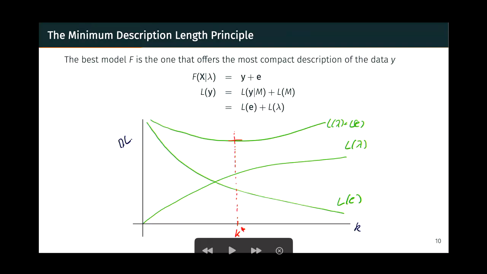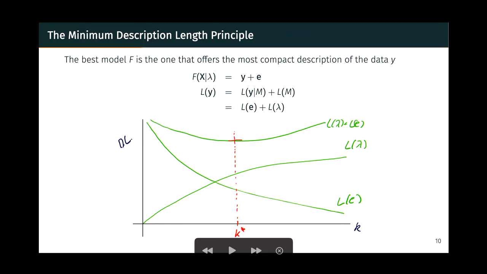So first of all, there's an L star that pops up somewhere else. That's different from L. Okay, L star is a particular specific thing. L is the code length of something. Minimum description length is the minimum code length of something. It's the minimum code length of the data given the model.